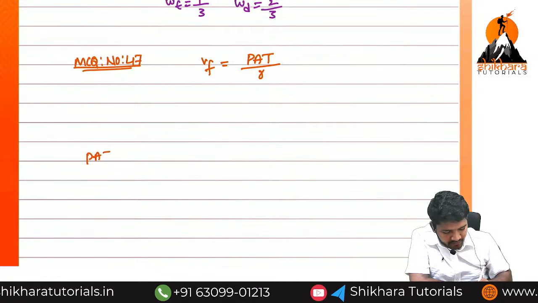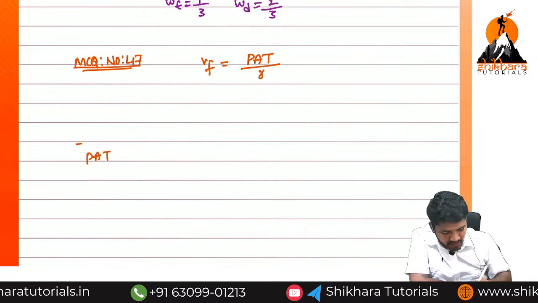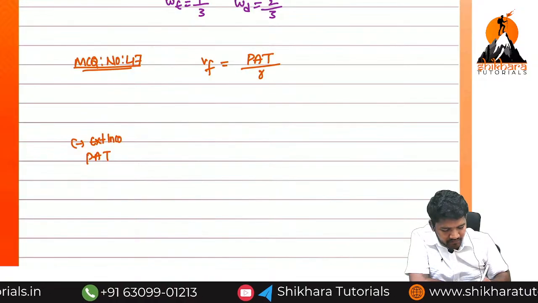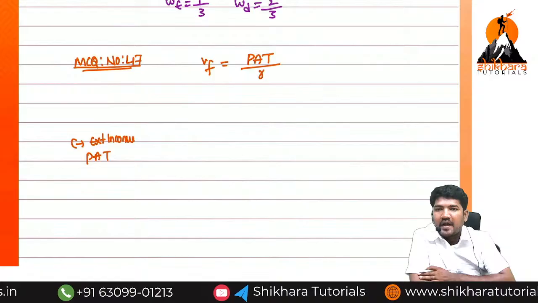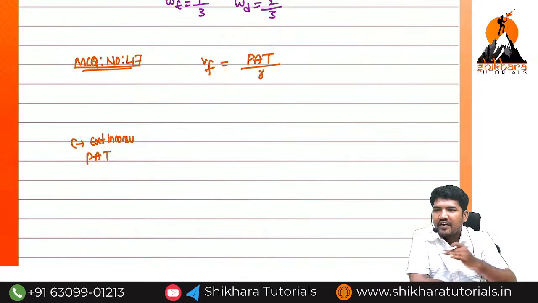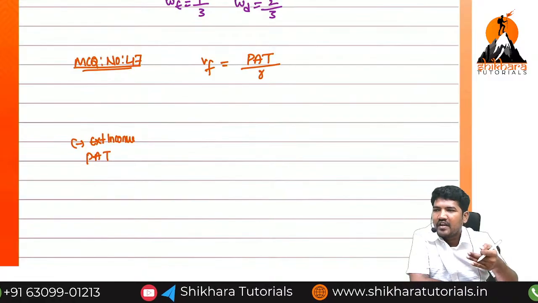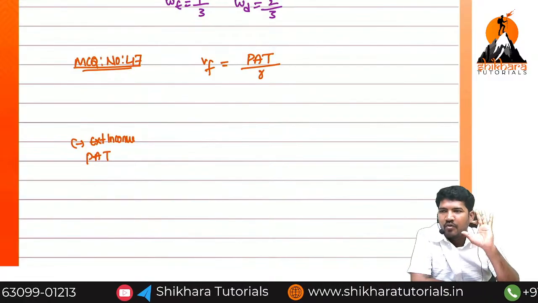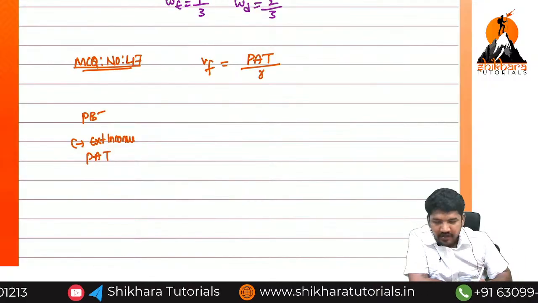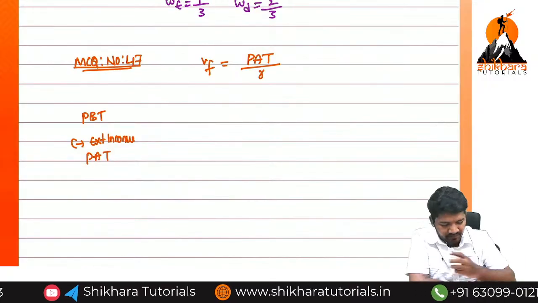PAT came because of extraordinary income. Why? Because PAT is also known as net profit. How do you get net profit, after deducting extraordinary income or before? Previous one is PBT, profit before tax.